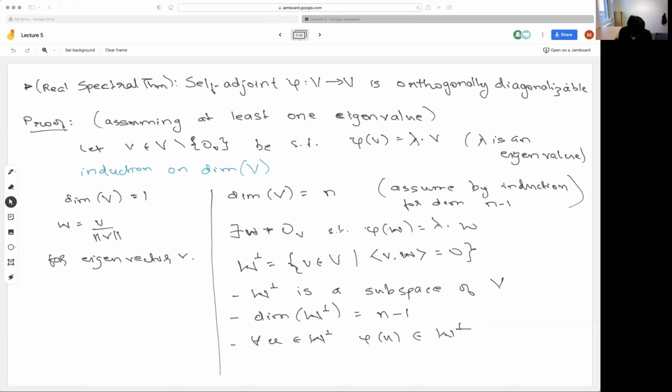So you can also think of phi as a linear transformation mapping this space to itself. Because when you start with a vector u which is in W perp, the image doesn't go outside.